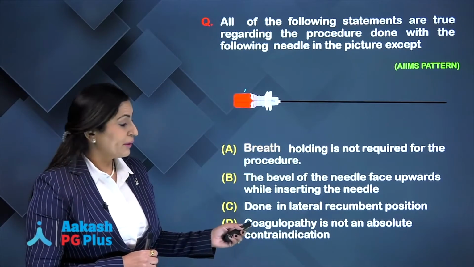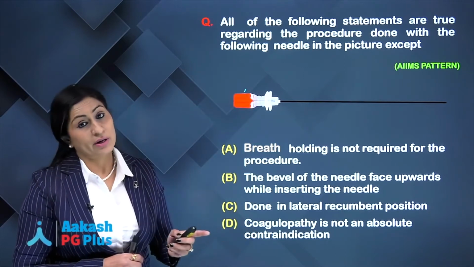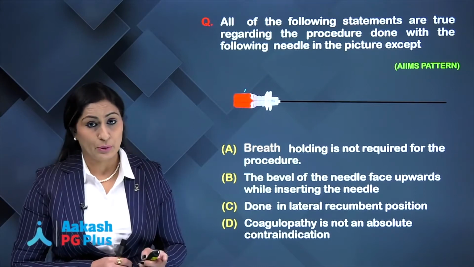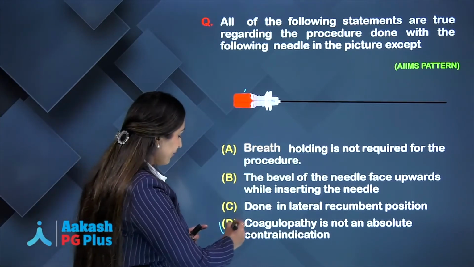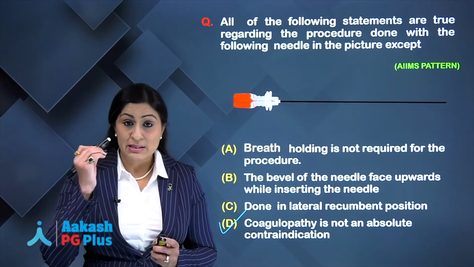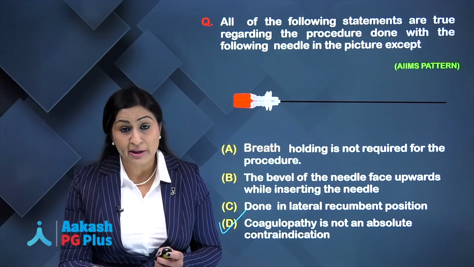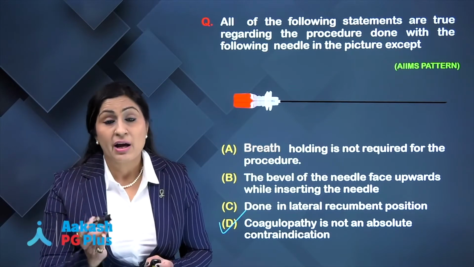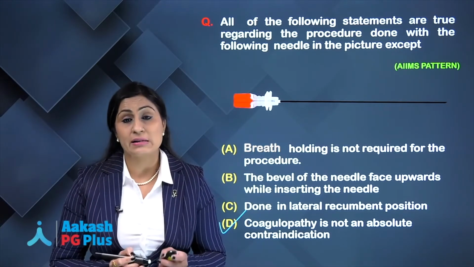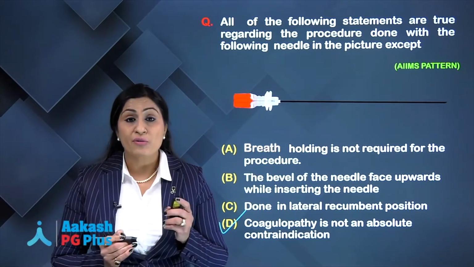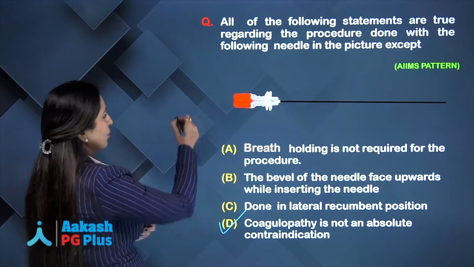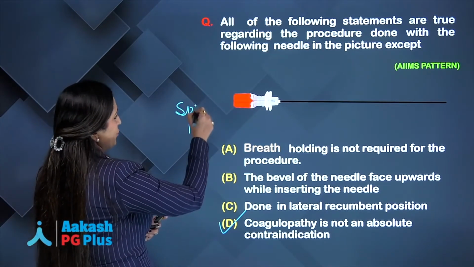So coagulopathy is a major contraindication to performance of central neuraxial block, because if the patient is on anticoagulants or has a congenital or inherited coagulation defect, and we perform central neuraxial block, especially spinal anesthesia, we can face a dreaded complication called spinal hematoma.